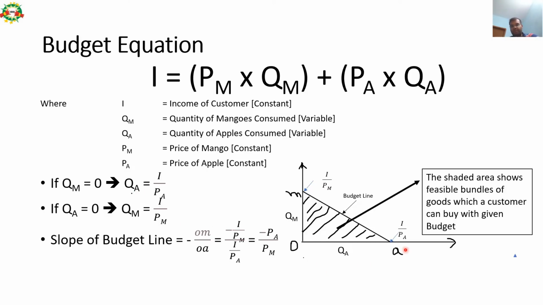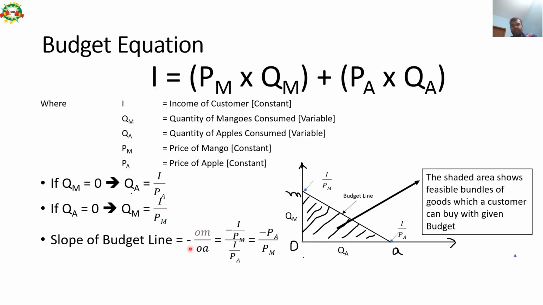So QA is equal to I divided by PA. Likewise, if the customer decides to consume 0 apples, then he will spend entire income on mangoes only. So income divided by price of mango will give us the quantity of mango, QM.